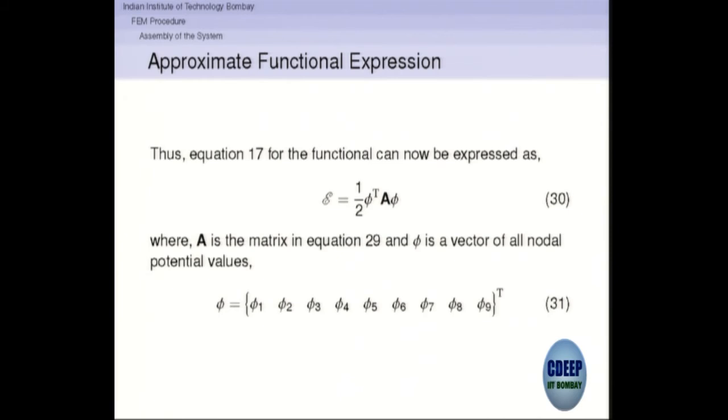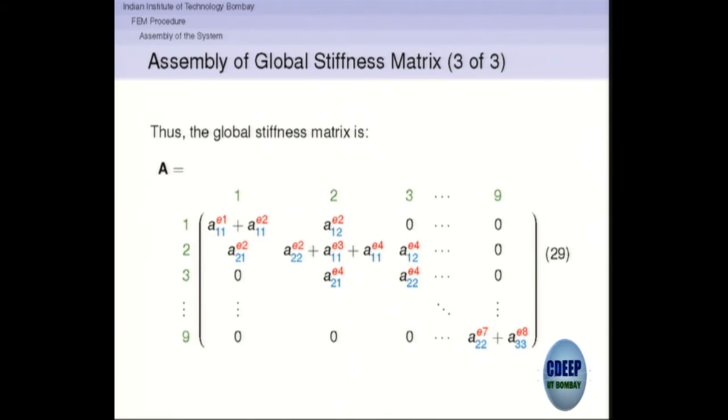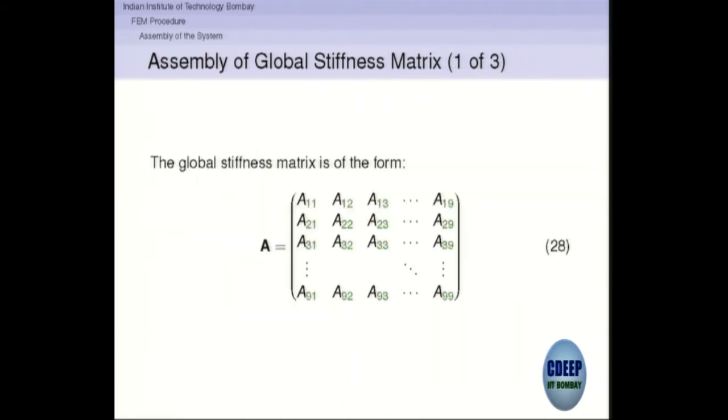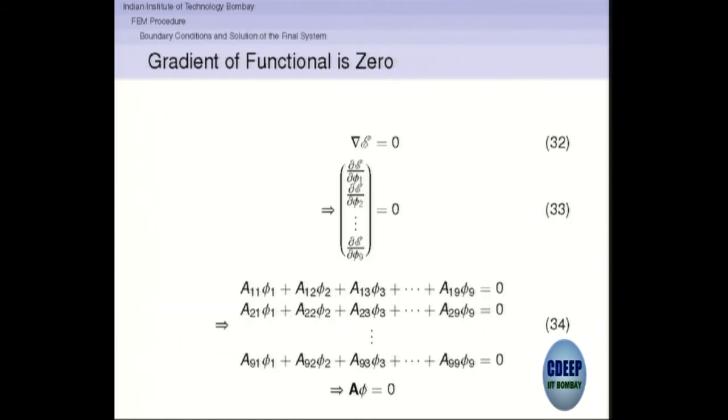So, now with this you have got the global equation for the energy, which is half phi transpose A phi, where phi is nothing but phi 1 to phi 9, those global node numbers, and capital A is this matrix. So, now you apply a minimization technique to this total energy.